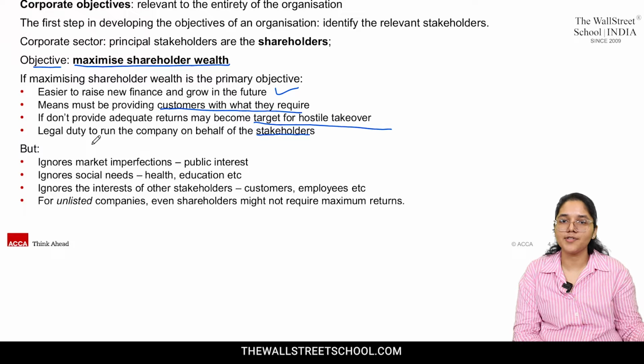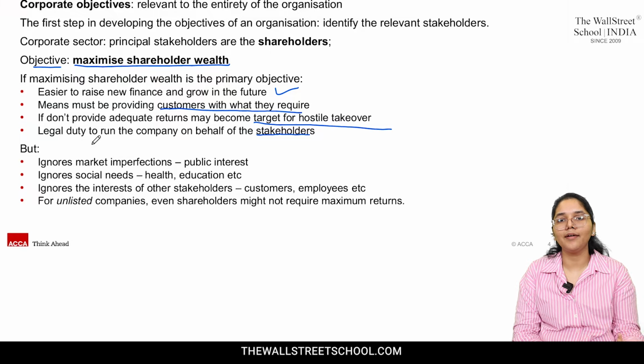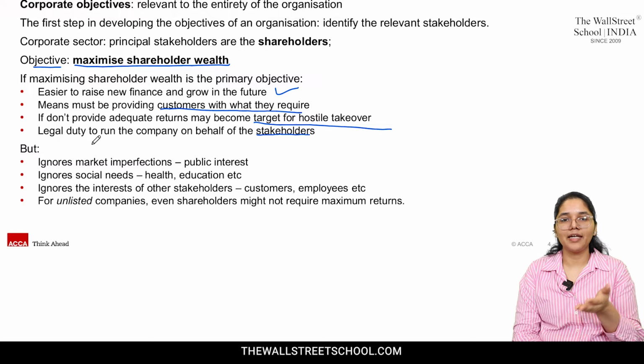This is what private hospitals are doing these days. Public hospitals run by the government are separate, but the private hospitals which are operating for the profit motive keep their prices so high that it's practically unaffordable for the common man of India. So it ignores public interest if you are focusing too much on maximization of shareholder wealth.